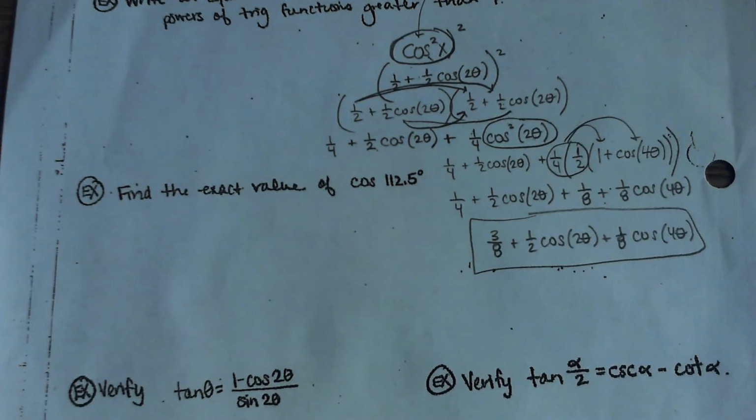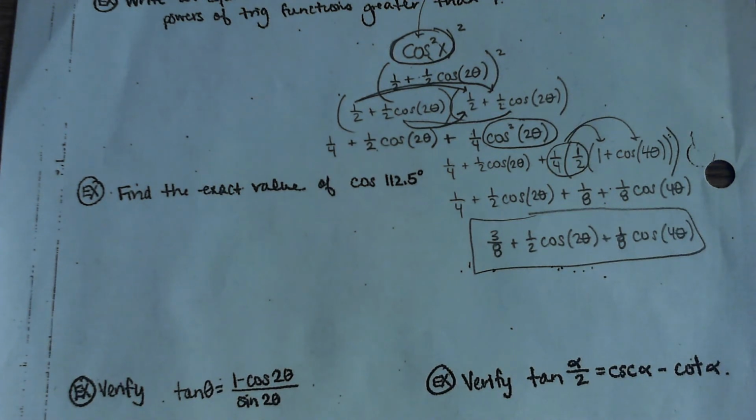Okay? The next one, you're sitting on a test, you have the question, find the exact value of the cosine of 112.5, which of course we don't know, right? So there's got to be a formula, and it's usually going to be a double angle if that's double something that we know, or a half angle if that's half of something that we know.